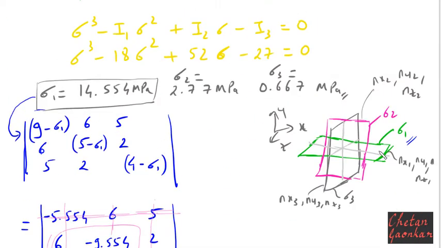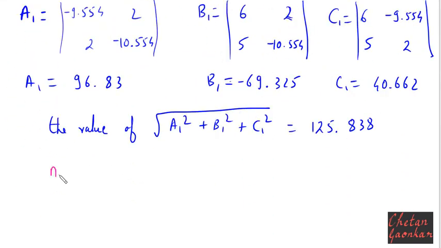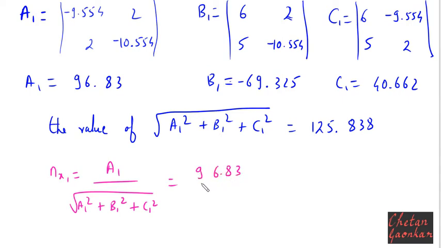In order to find the direction cosine of the first principal plane nx1, we will find nx1 equal to a1 divided by root of a1 square plus b1 square plus c1 square. So this is basically 96.83 divided by 125.838, whose value we will get as 0.767.